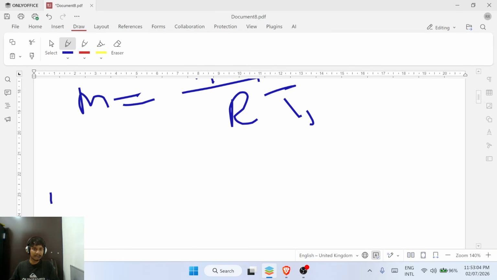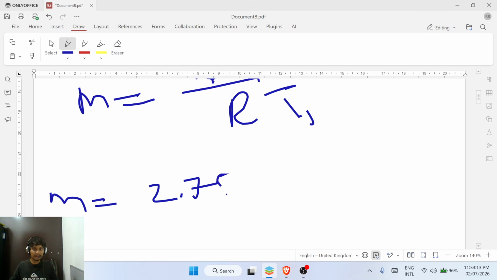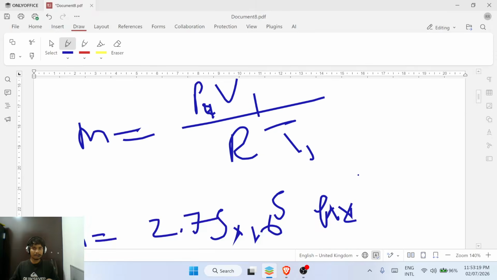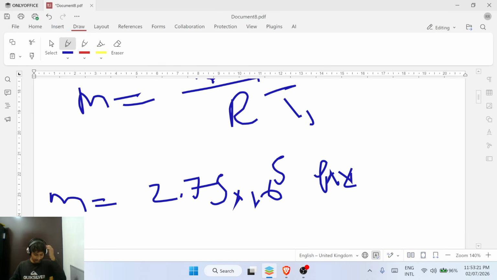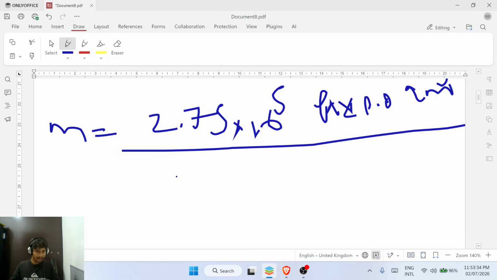P is 2.75 into 10 to the power 5 Pascal, into V1, which is 0.09 meter cube.